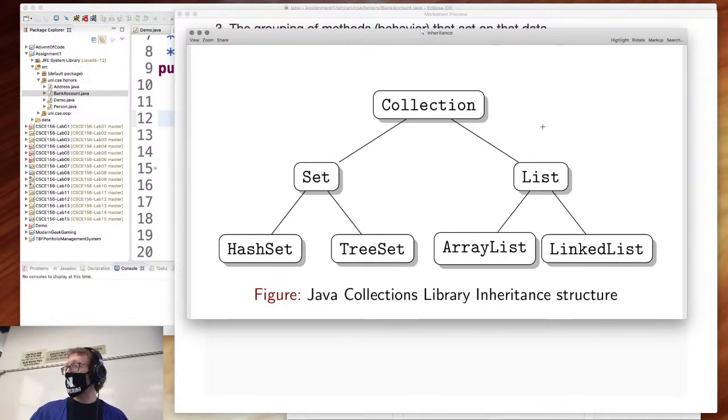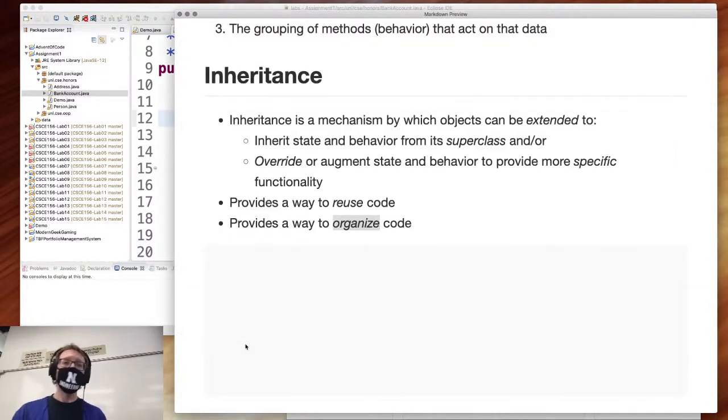Creating a hierarchy like this allows you to organize your code and your classes: all collections hold stuff. A set holds stuff in an unordered manner. A hash set holds stuff in an unordered manner that uses a hash table under the hood. Right? So it's for organization as well.